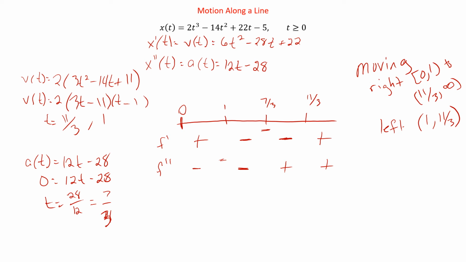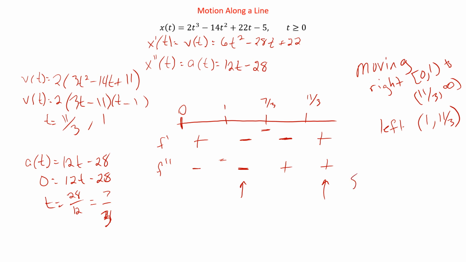We could look at speeding up and slowing down. Remember, speeding up is when the first and second derivative signs agree. So it'll be speeding up here and here. That's where doing both sign tables at the same time and on the same scale can help out.